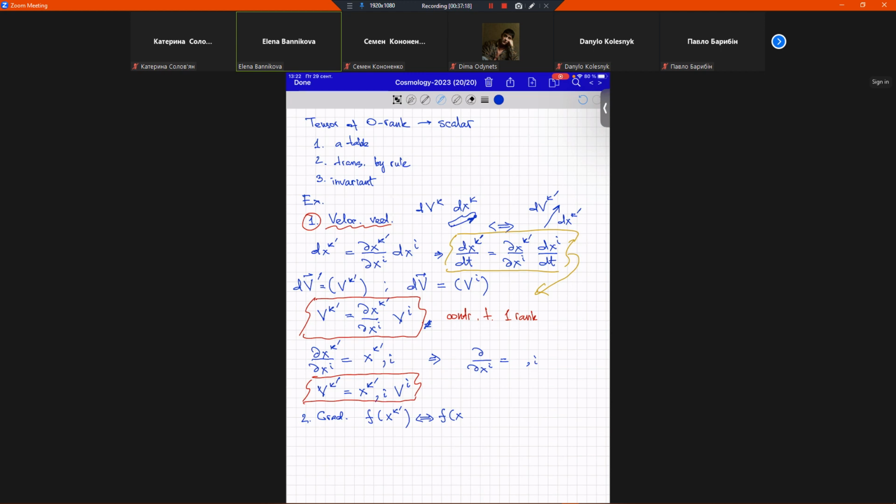This is just a mathematical object. When we speak about physical values, k counts from 1 to 3 in three-dimensional space, but the tensor case is much more general, from k prime to k.